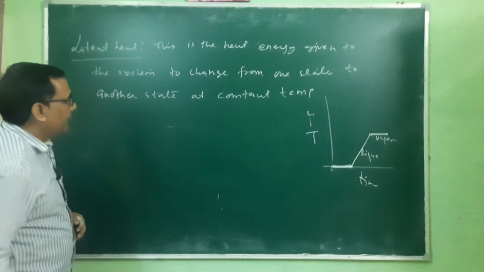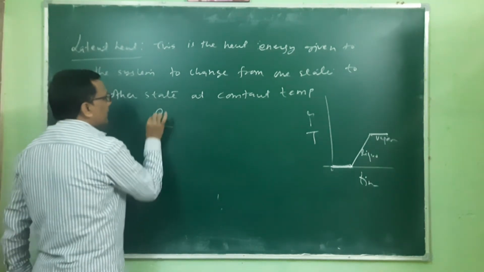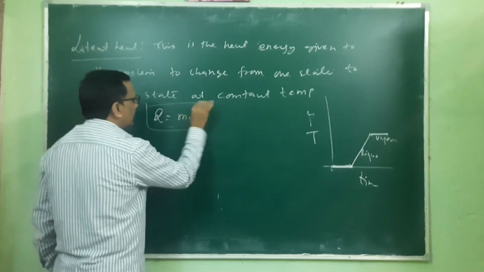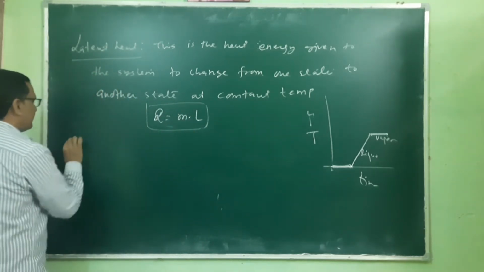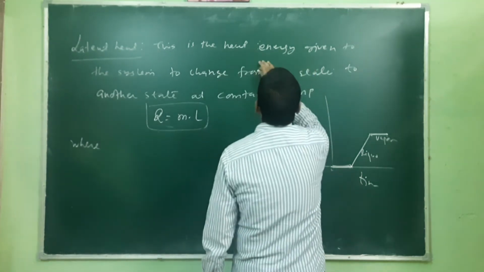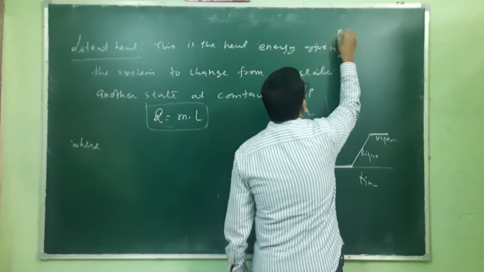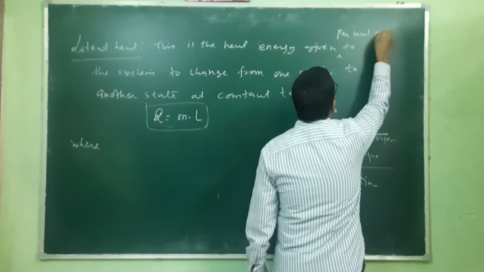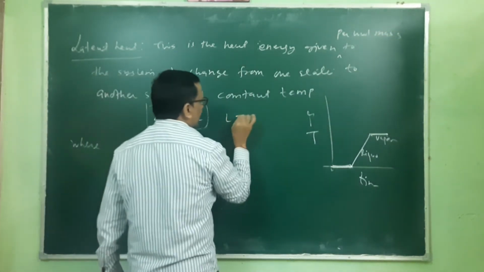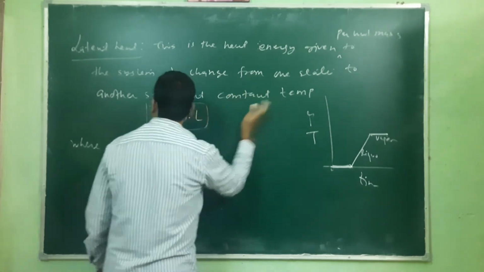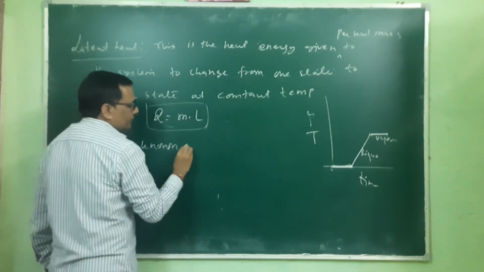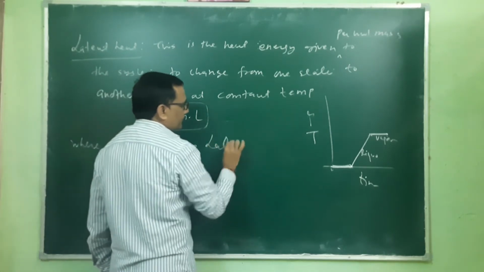Mathematically it is written as Q equals M multiplied by L, where Q is the heat energy given, M is the mass, and L is known as latent heat.